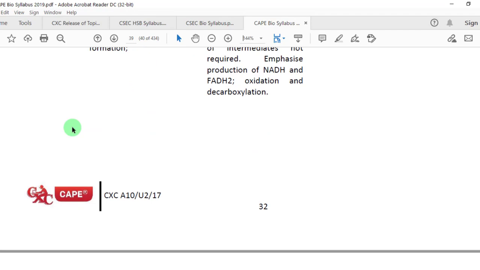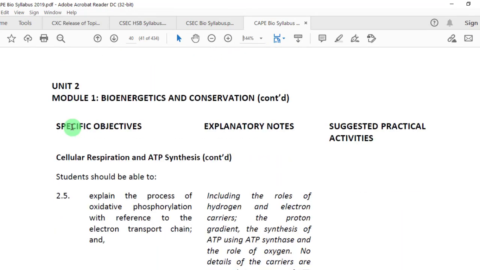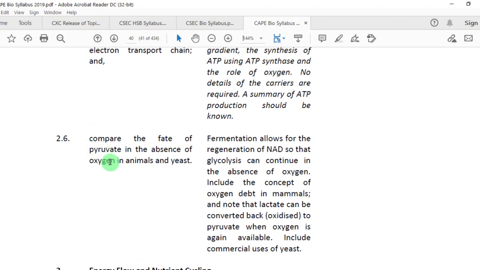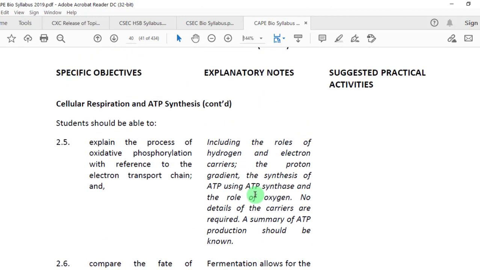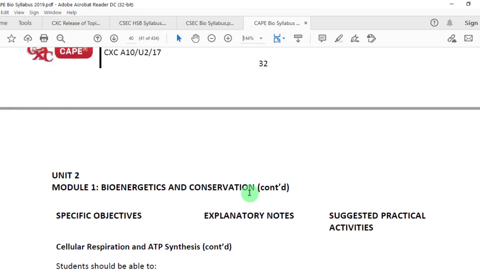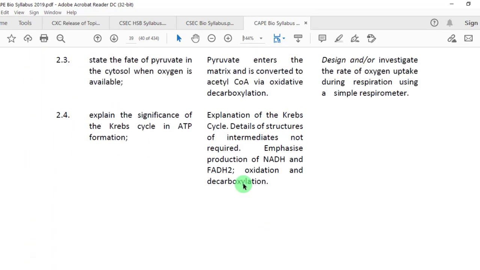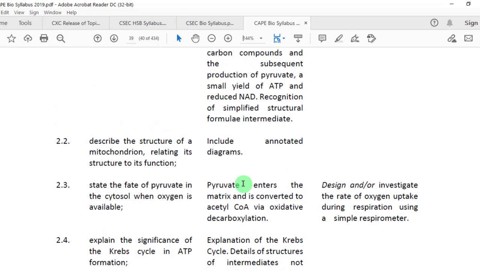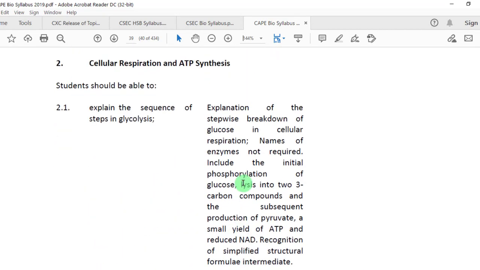How many objectives do we have here? A good bit, about 6. But notice, even though the specific objectives seem short, look at the level of detail. So yeah, treat those explanatory notes very carefully. Alright? I am definitely going to create a document for this one, because this needs some explanation, right?